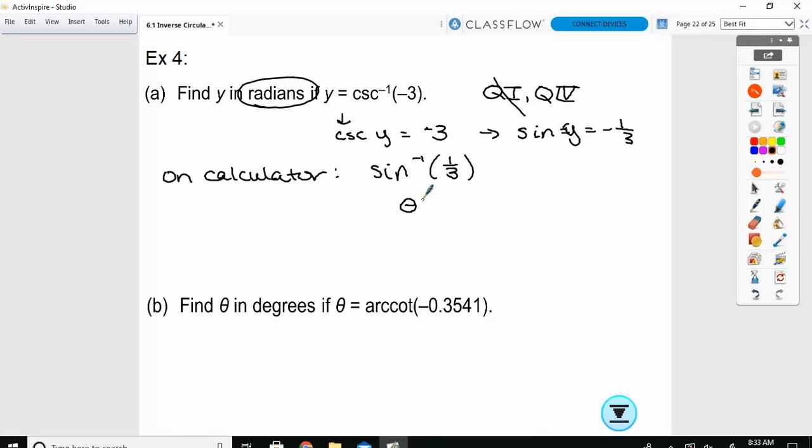What that gives us is our reference angle. I want that in quadrant 4. So we know that this little angle is 0.3398. I need the whole thing. What would you have to do? Right, subtract from 360 degrees, but we're in radians, so we'll have to do 2 pi minus that.